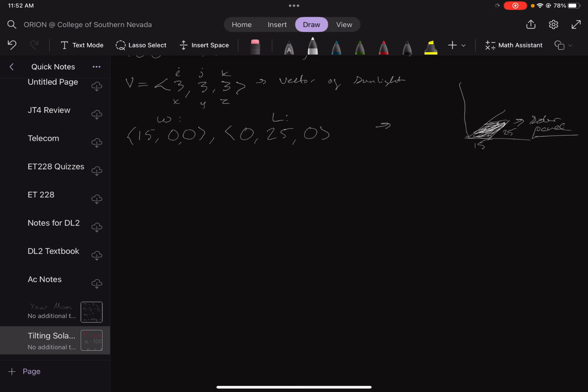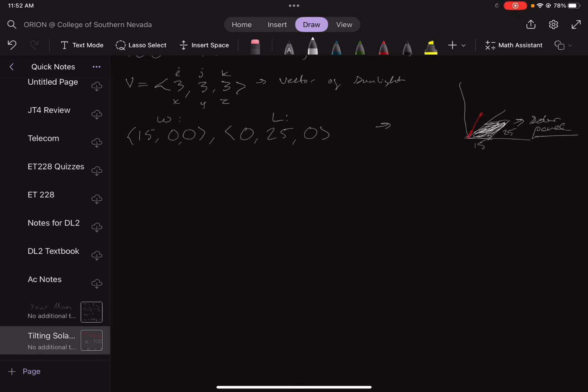And then the vector of the sun is coming in at a 45-degree angle from all sides. So to view it as a 45-degree angle from all sides, it's specifically this value right here, which is 3, 3, 3. Technically, it can be any value as long as they're all the same number. So it could be 1, 1, 1.